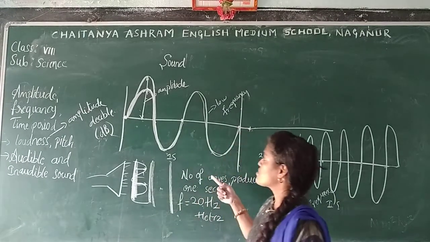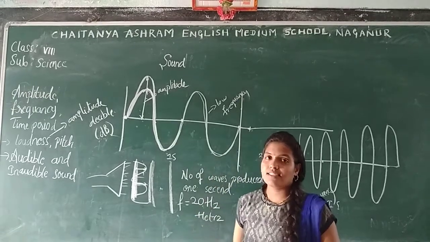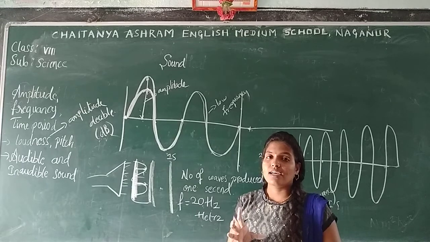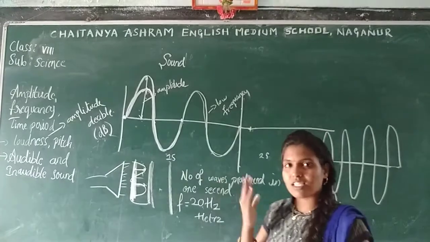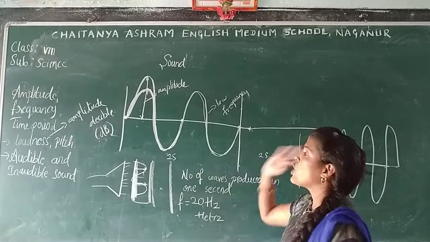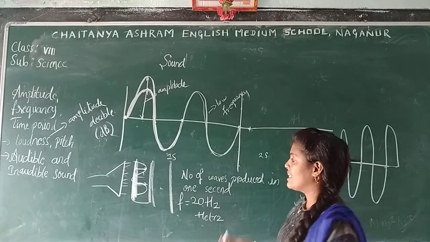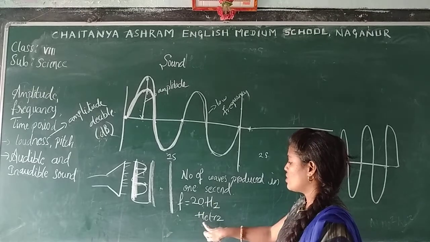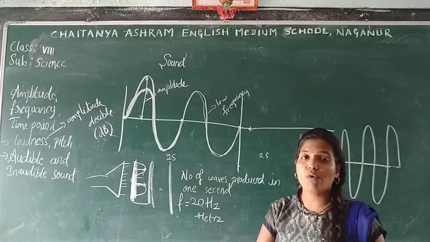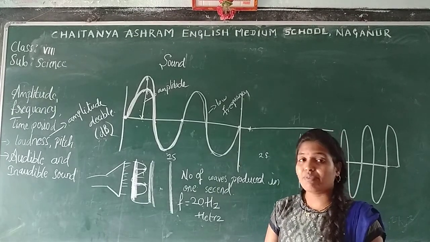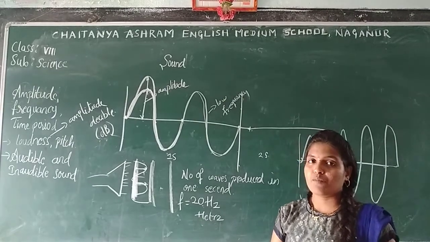If the number of cycles is less, like 1 or 2, we say it is a low frequency sound. So low sound and high sound depend on the number of waves produced. Frequency means the number of cycles produced per second.